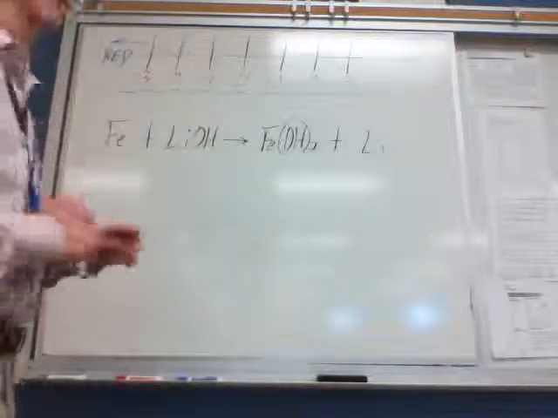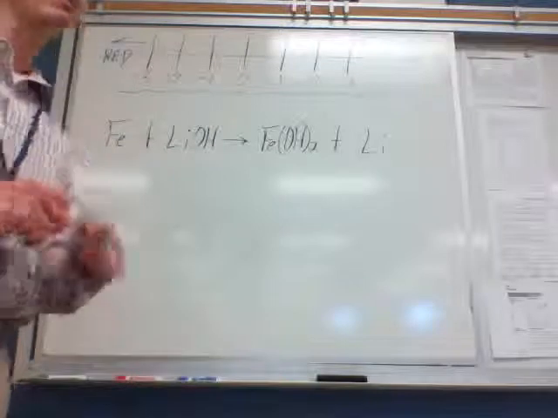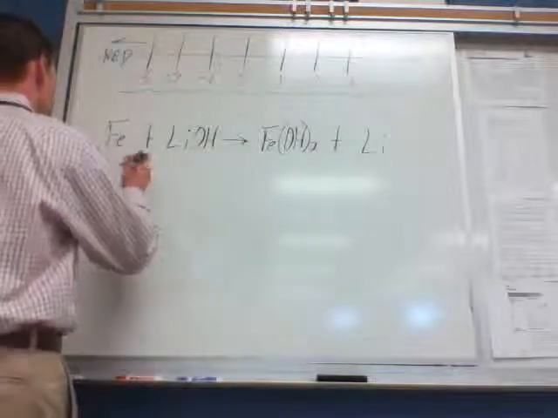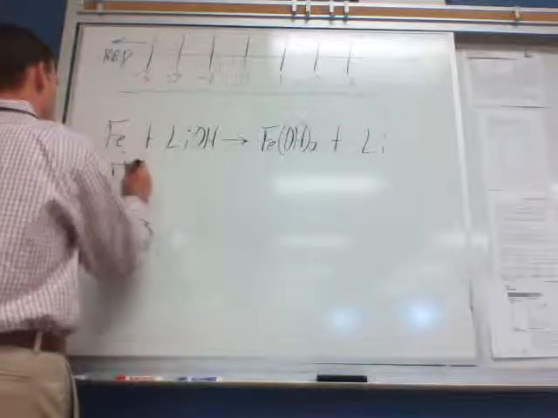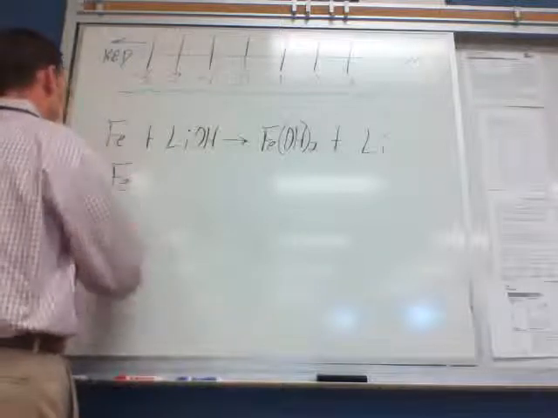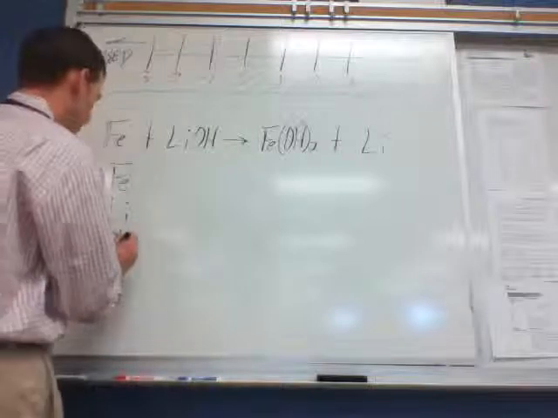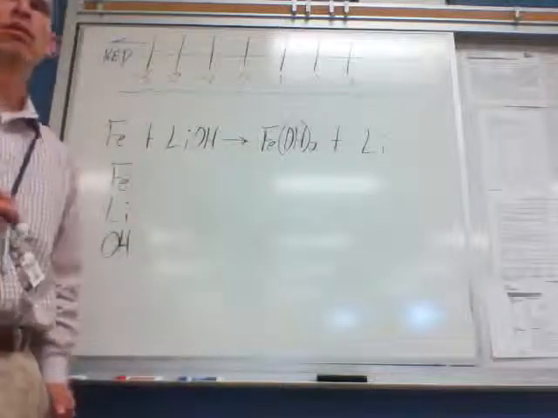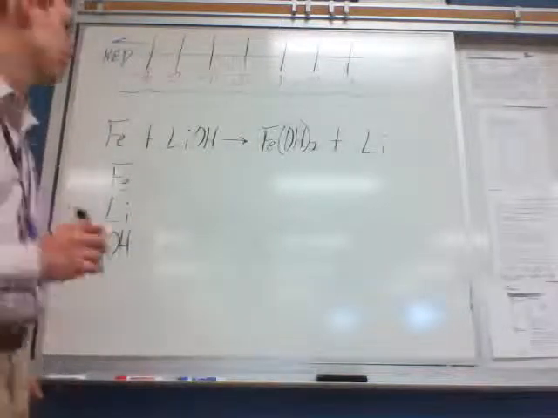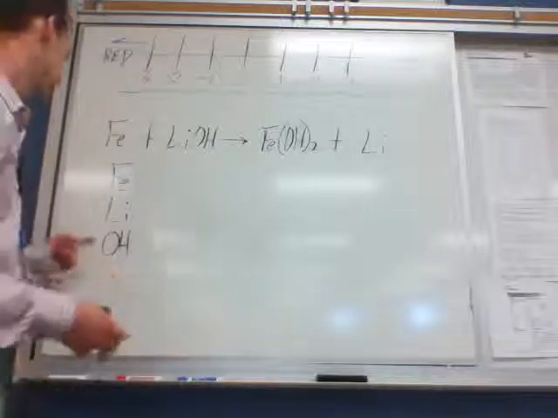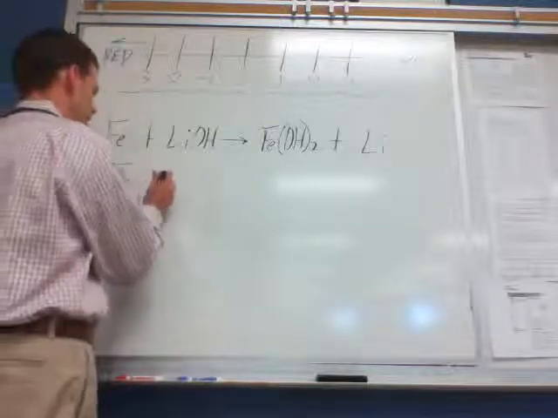It's redox because iron is by himself. So I make my list to identify what was reduced and what was oxidized. I see iron, lithium, and hydroxide. When you see a polyatomic ion, keep it, it's easiest to group them together in your list.